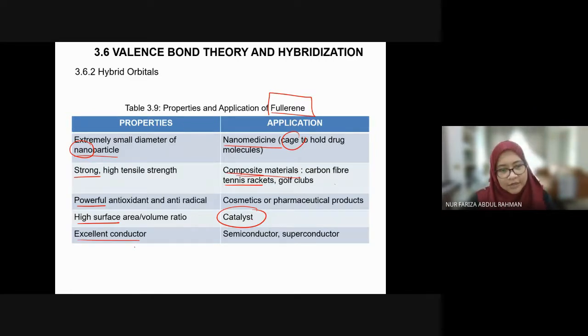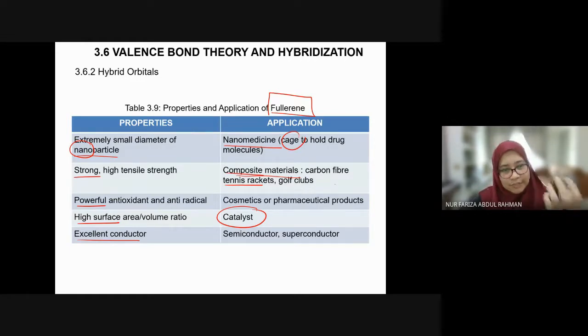And then excellent conductor. Okay, it is also an excellent conductor due to the presence of double bonds. Okay, double bond. You may remember the resonance structure, where the electron will be delocalized. The electron can transfer. Okay, from this side, then transfer to the other side. So there is a movement of electron. When it has double bonds, the electron can move around.